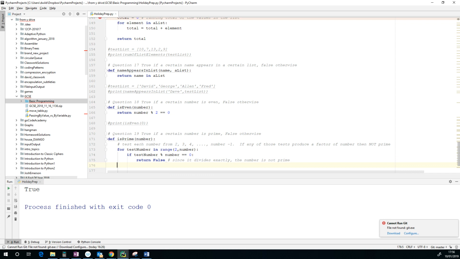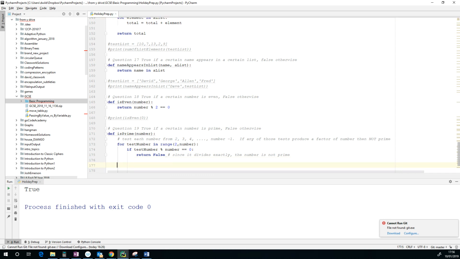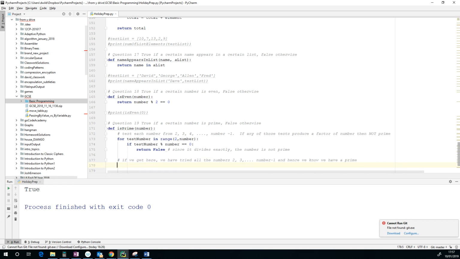If we've tried every single combination, so if we get here, we know we have tried everything, all the numbers, 2, 3, all the way up to number minus 1. And hence, we know we have a prime. We're going to return true.